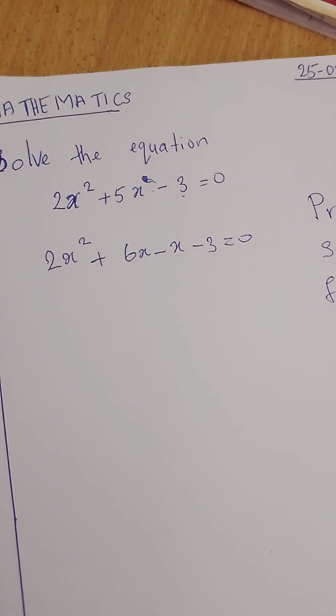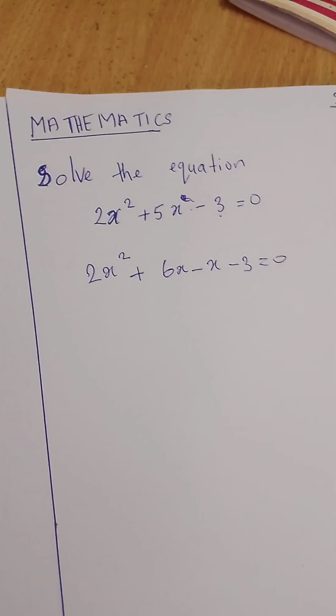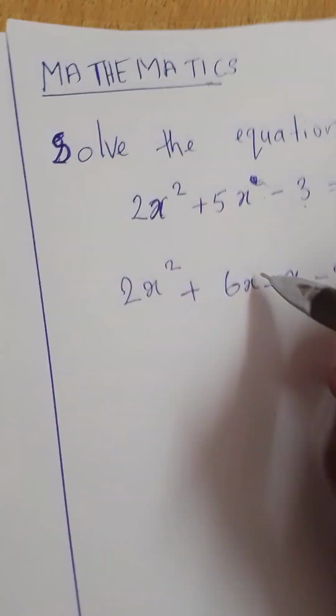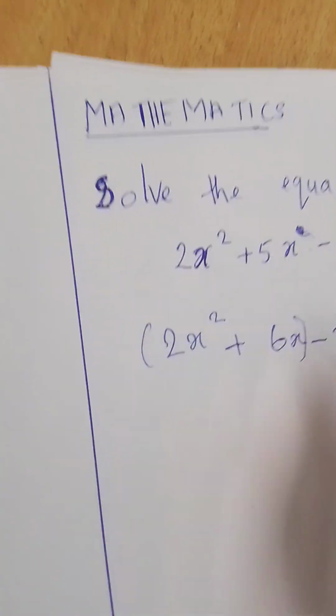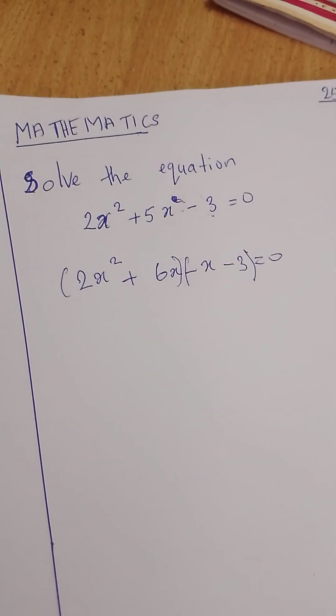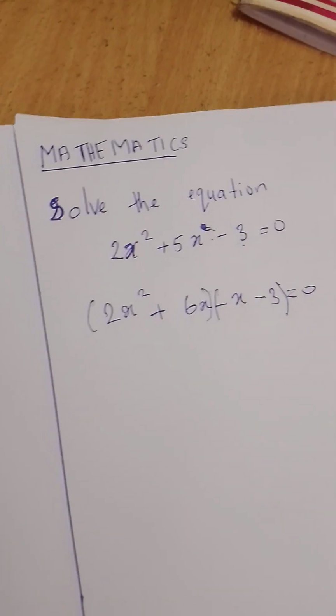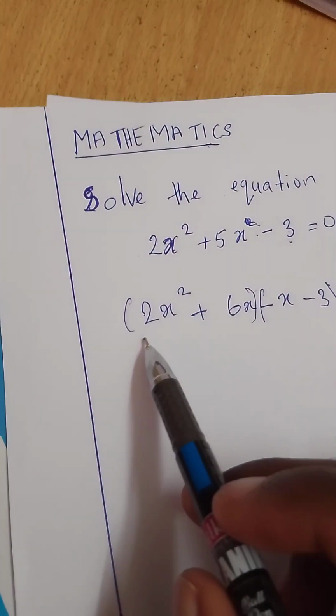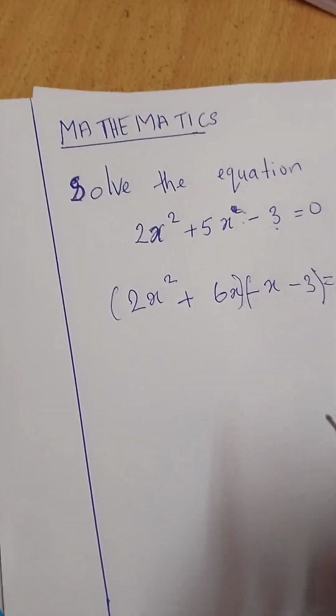Now, for us to solve this equation, we will need to factorize by grouping. We group this one, and we also group this one. After grouping, you will see that here 2x is common.